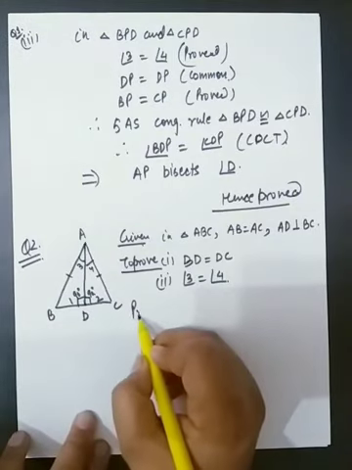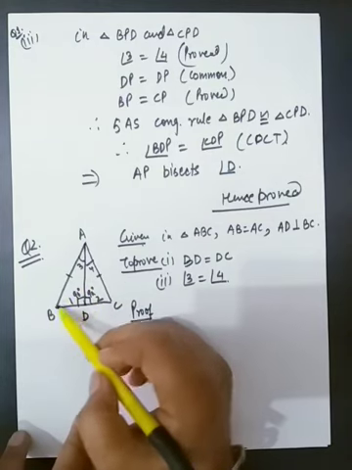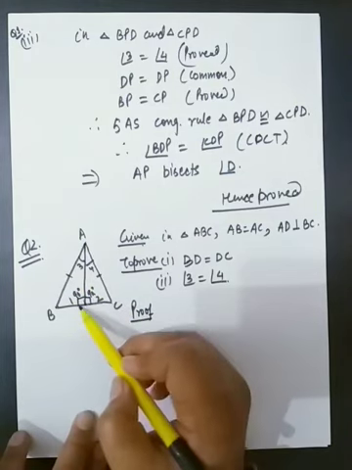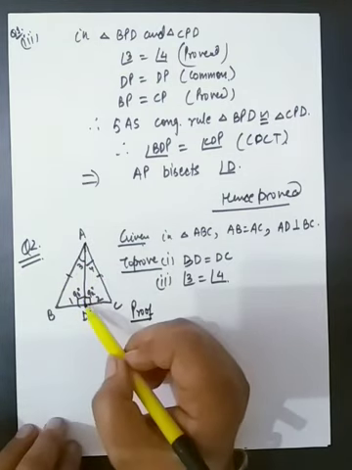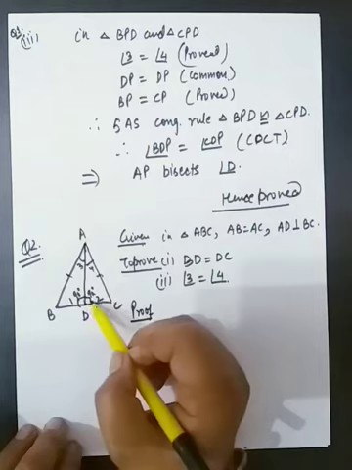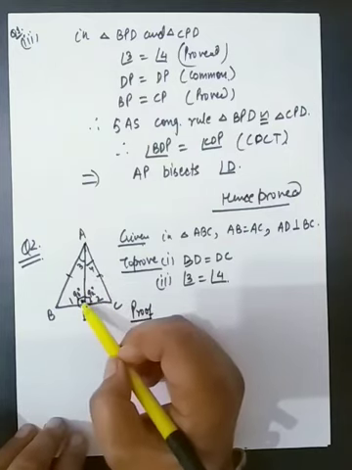For this the proof is very simple. You can see in triangles ABD and ACD, AB and AC are already given equal to you. AD is common and this angle is of 90 degree, but when we use AD common, the angle is not included.